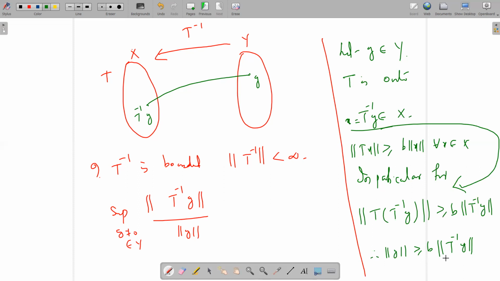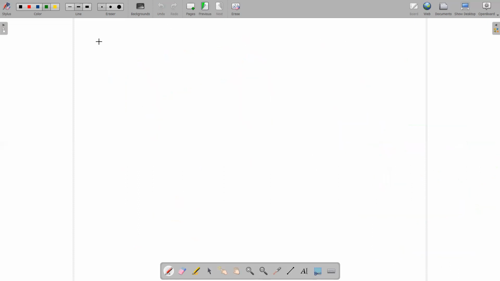Making b to the left side and norm y to the right side, we get norm of y greater than or equal to b norm of T inverse y. This is true for all y belonging to capital Y since y is arbitrary.